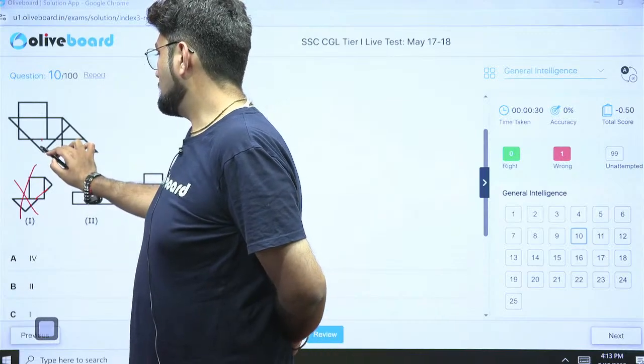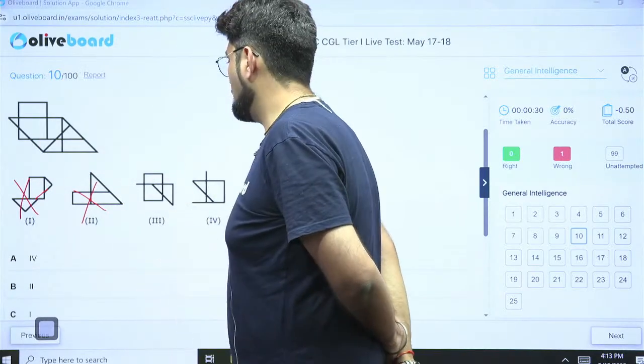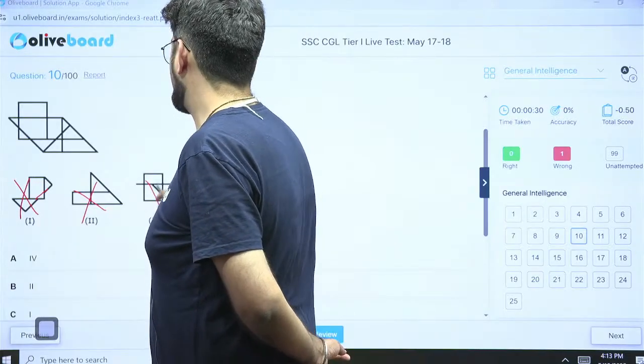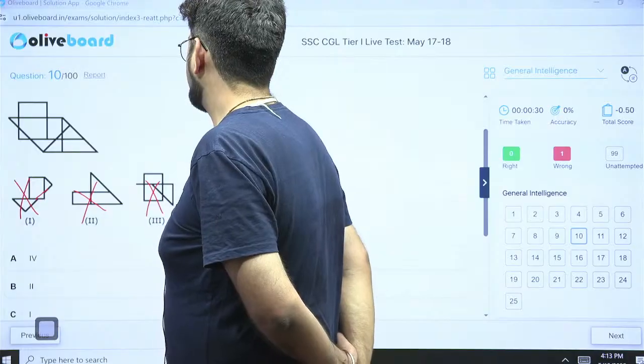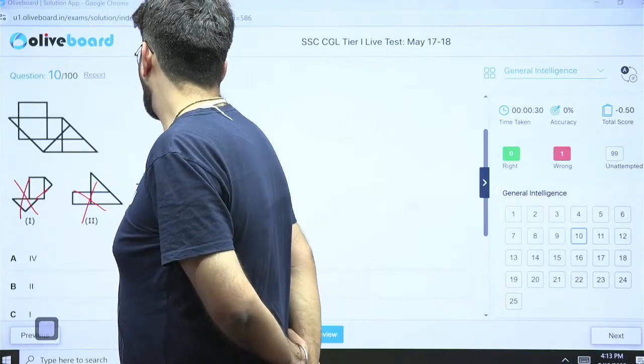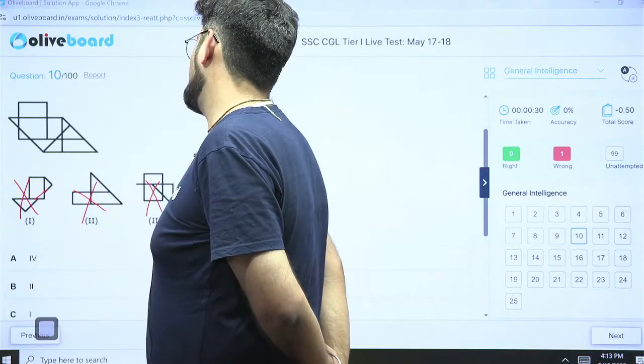This rectangle is not completing here. This one is also quite not right. Okay, which one have they accepted then?